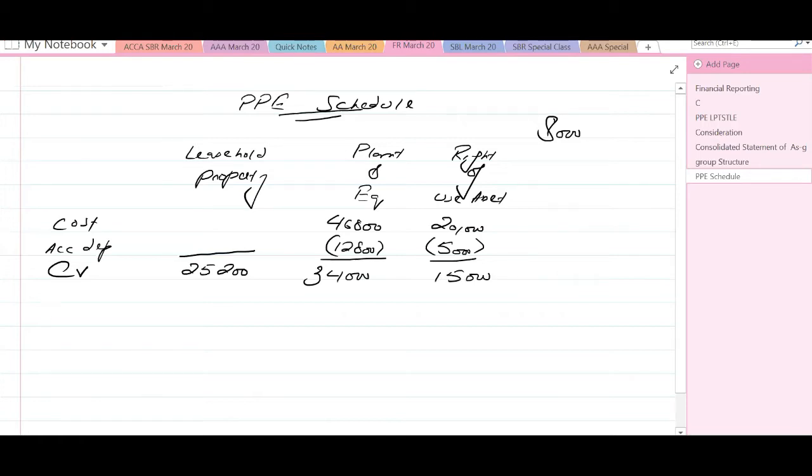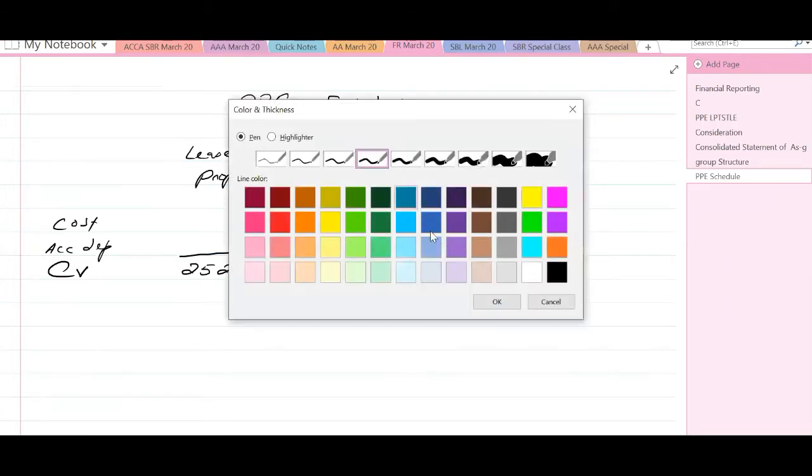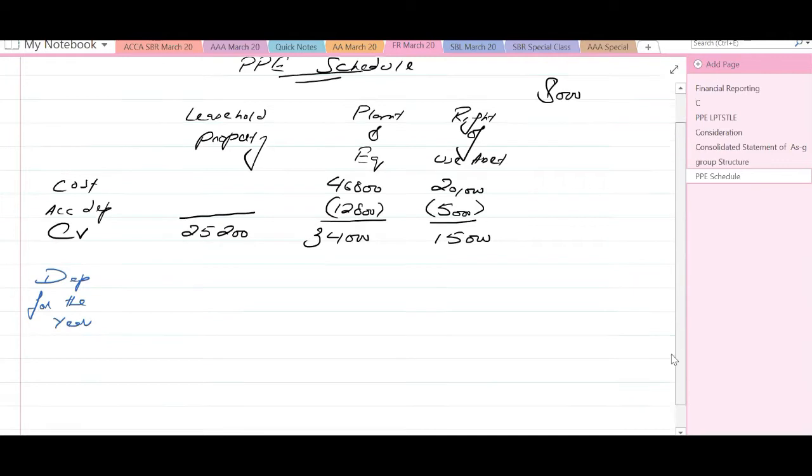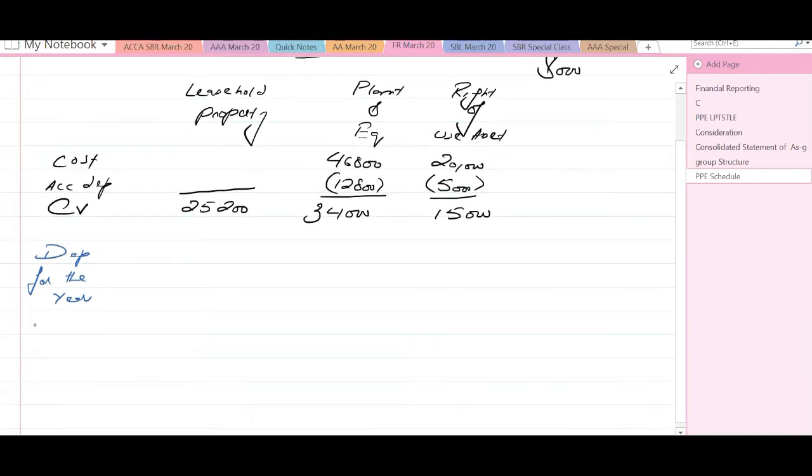And now we'll be calculating depreciation for the year. So depreciation for the year is 25,200 divided by 14. It gives you 1,800.